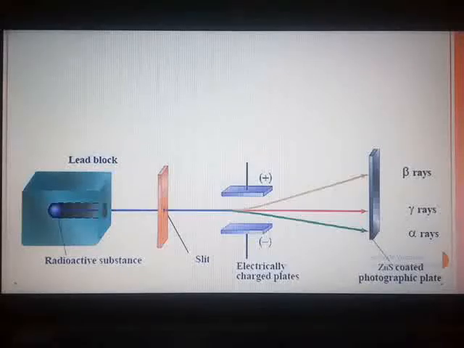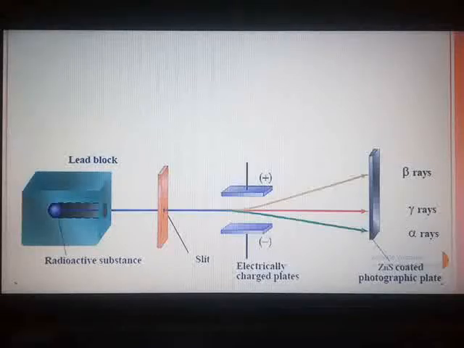Just now I have told you the three types of radiations which are given out by the radioactive substances. So Rutherford discovered the first two, that is alpha and beta, and Willard discovered the third type, that is gamma radiation.